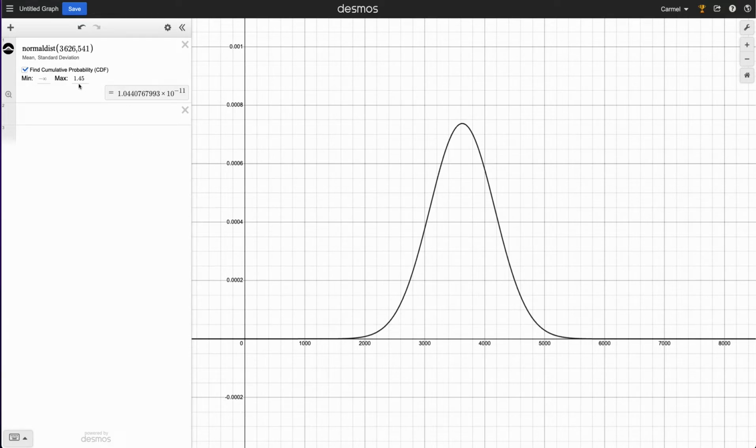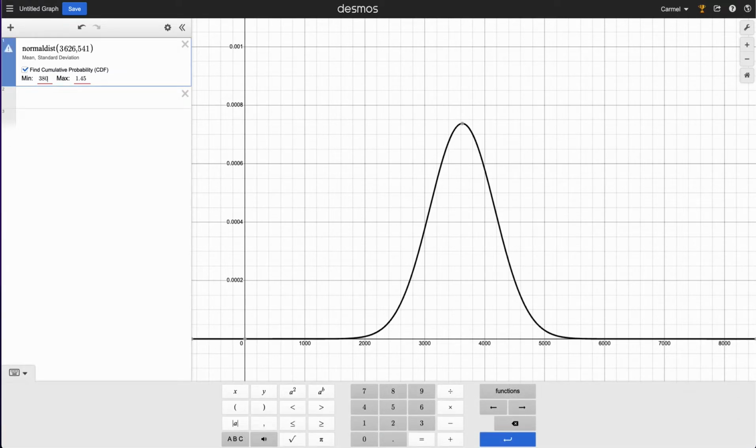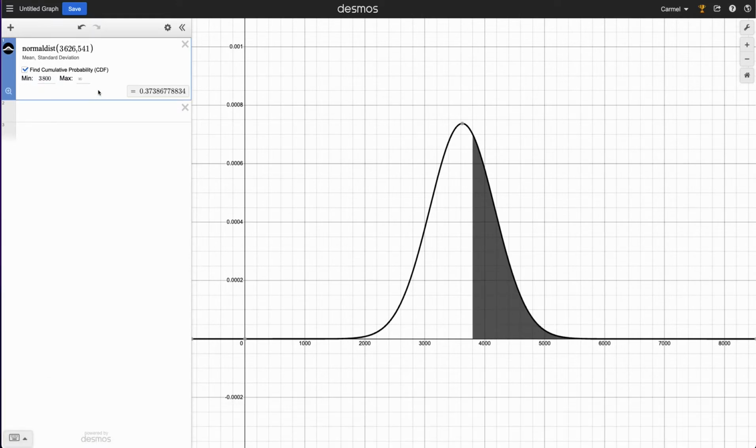So what if there was a question that says something like, what's the probability of a baby weighing more than 3,800 grams? So if we did 3,800, and this we just delete, and it becomes infinity, and this says 37%.